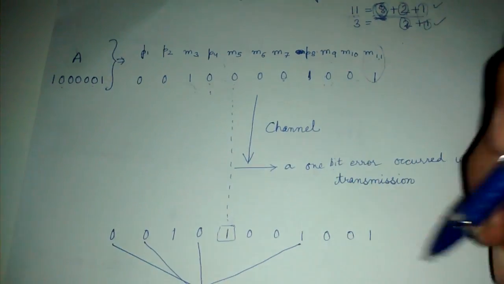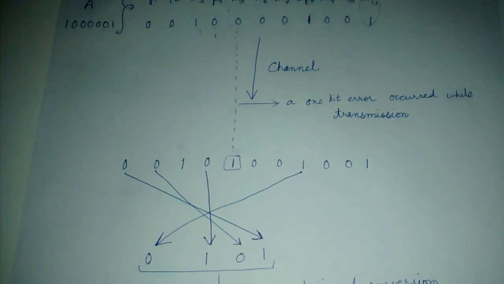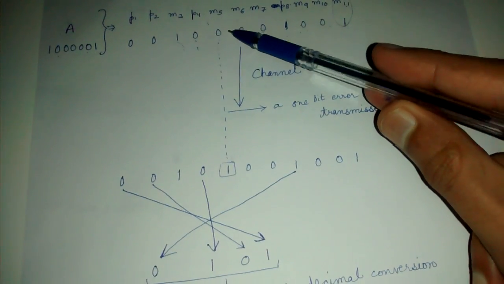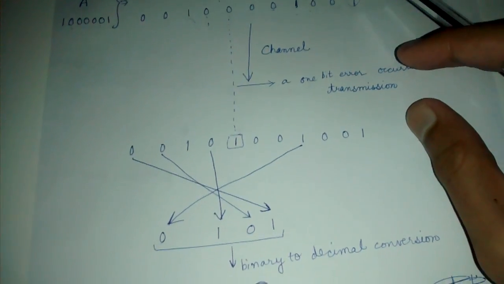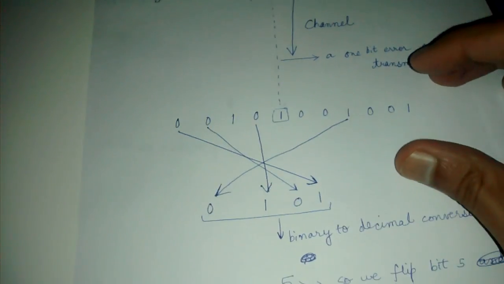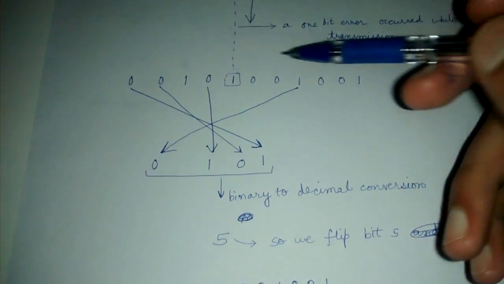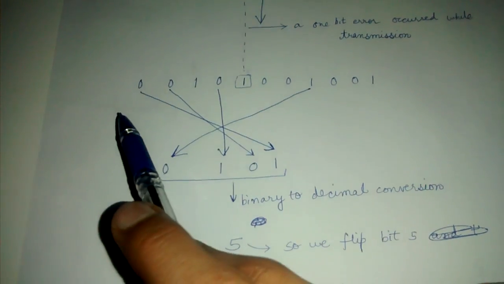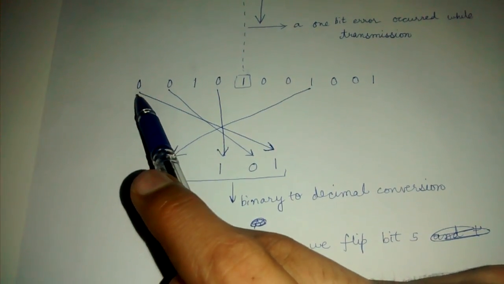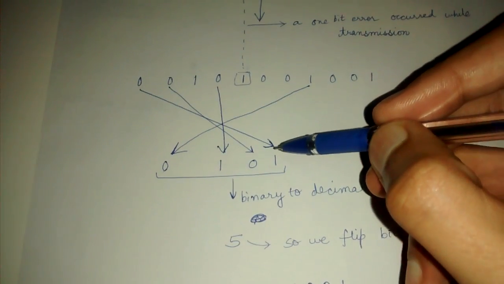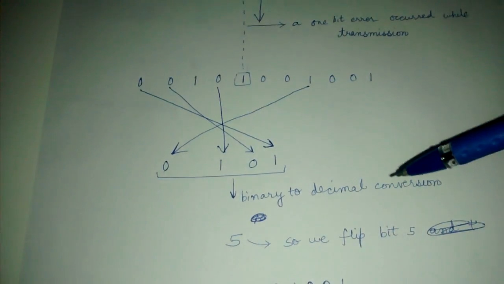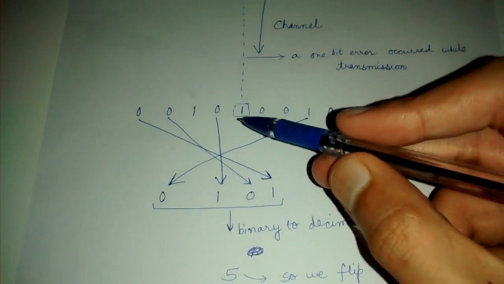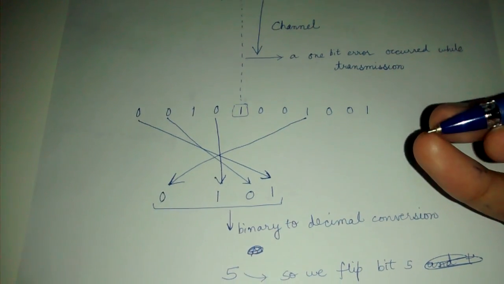Let's say we transmit it on a channel which is noisy, hence causing a 1-bit transmission error and flipping the M5 bit and making it a 1. On the receiver end we take the bits one by one and compute the parity again, but this time the difference is that we consider the check bits also.